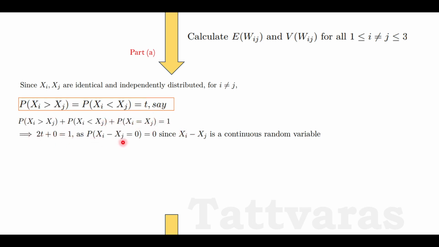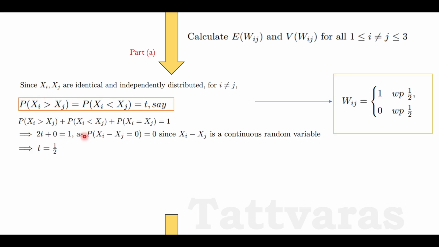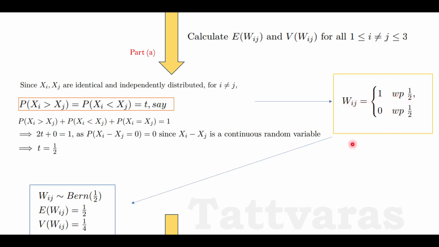Because xi minus xj is a continuous random variable and this is 0 with probability 0 from the first result that we mentioned. So, hence t is equal to half. We get that this probability is half and this probability is half, which gives us Wij will take the value 1 with probability half and 0 with probability half, which is nothing but a Bernoulli half variable. So expectation of Wij is half and variance is 1 by 4.